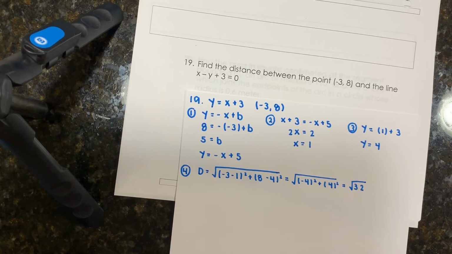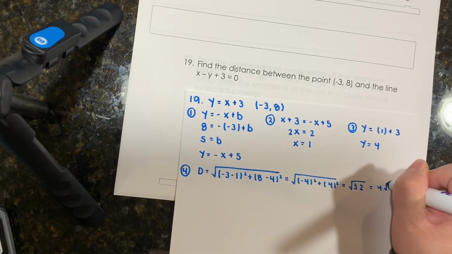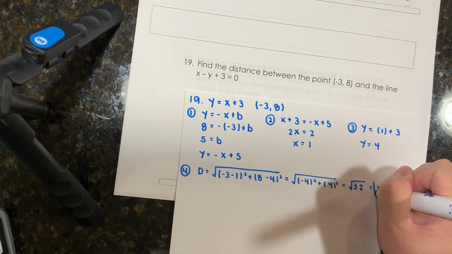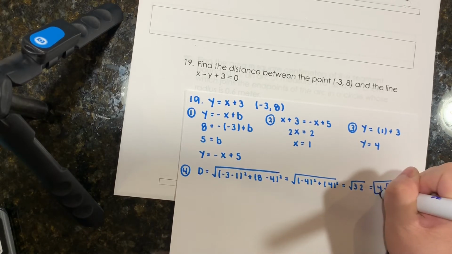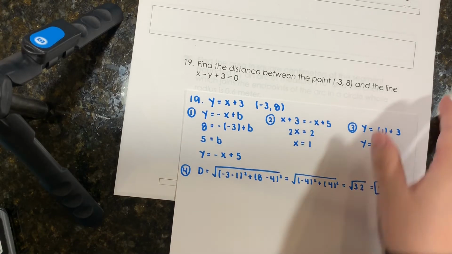And 32 divided by 16 is 2. So this would actually just be equal to 4 square root 2. So that's a 4-step problem for distance between a point and a line.